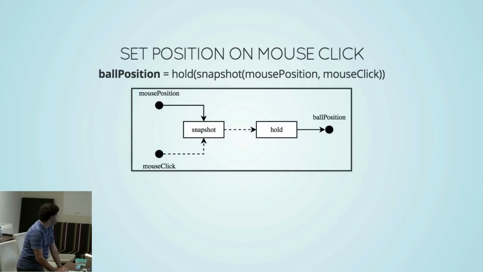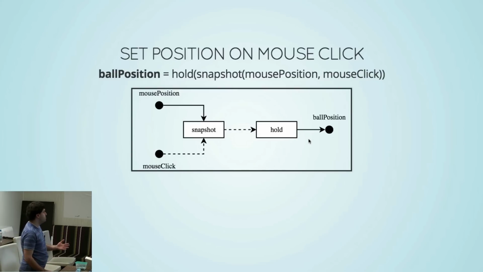And we can also take this program and actually draw it if we want. And in this drawing I can distinguish between behaviors and events by showing events with dashed lines, sort of showing that they are not always there. So snapshot takes a behavior and event and yields an event, and then hold takes this event and turns it into a continuous behavior, and that behavior tells us at any moment where the ball is.